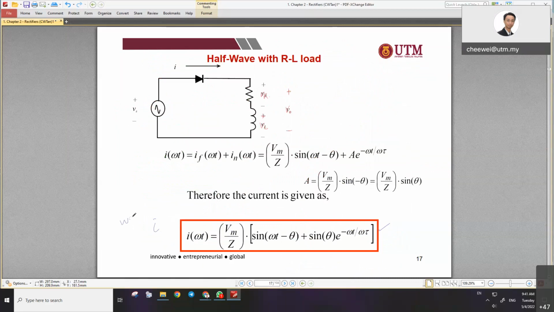The waveform of the output current. Quite complicated, isn't it? You have omega t minus theta, and then you have omega t over omega tau.